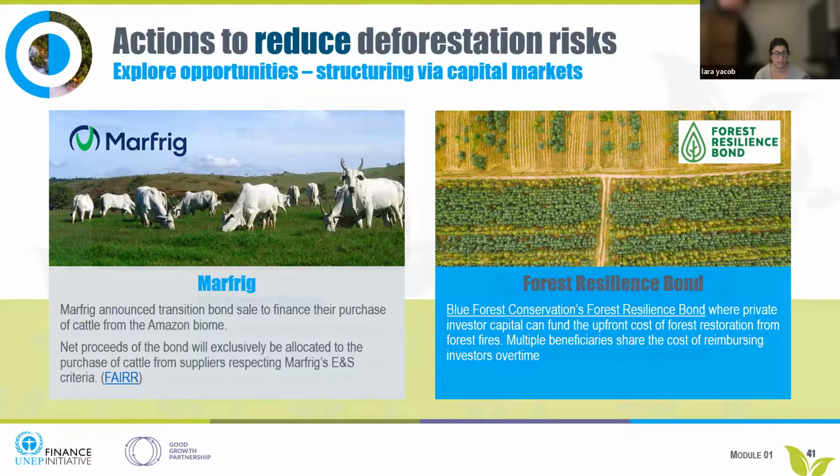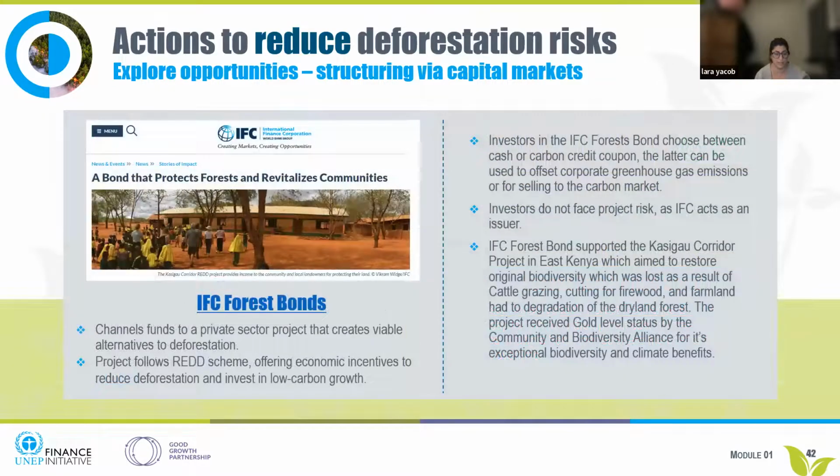Next slide, please. Yeah, another example comes from the IFC forest bonds, and this was meant to channel funds to private sector projects to create viable alternatives to deforestation.